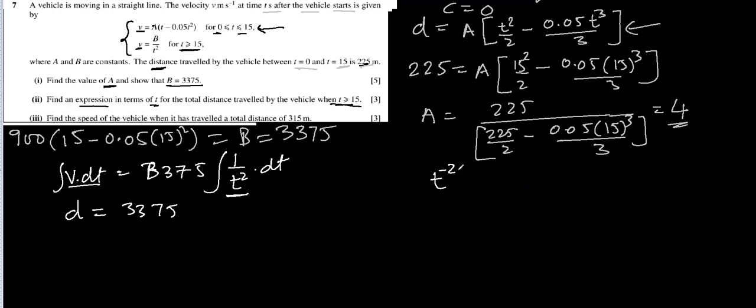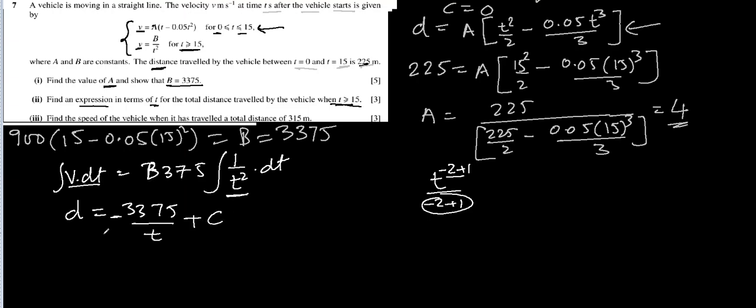So if I want to integrate, it will be plus 1 here, minus 2 plus 1 here. So it will become minus 2 plus 1, minus 1, right? So divided by t, and this will be minus 1. So there will be this minus in front and plus c.